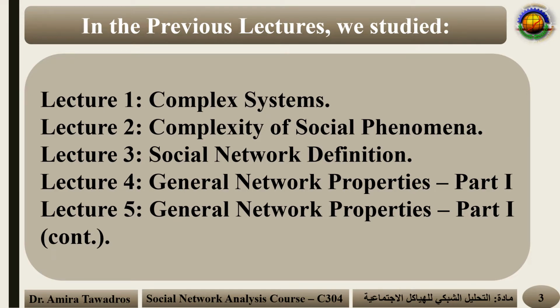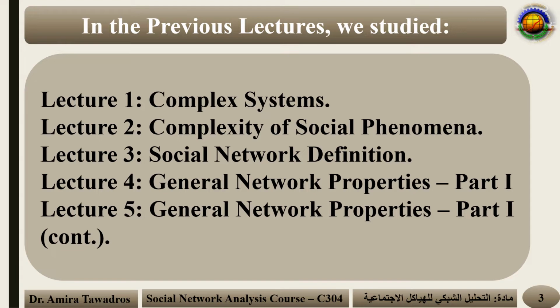And then behind each complex system there is a network, because by definition a complex system is a set of interrelated components, and a network is a set of interrelated nodes, and these nodes are connected together through edges. So social phenomena in general as a complex system, as I previously discussed, it's all about a network, a big network or a huge network.